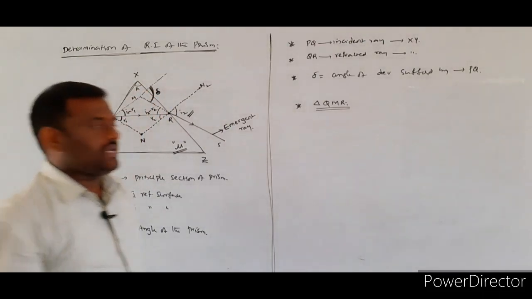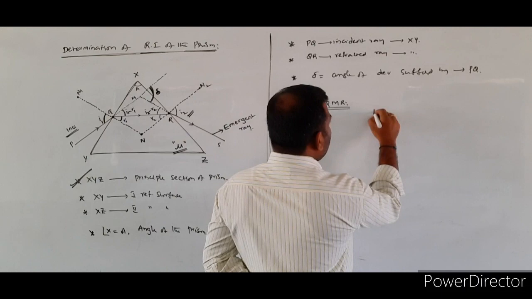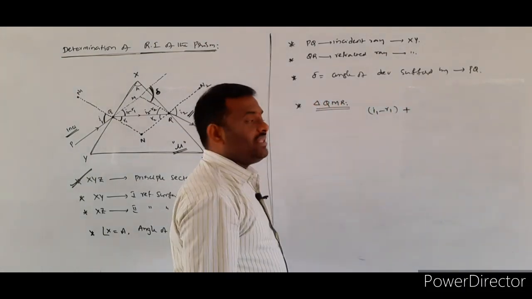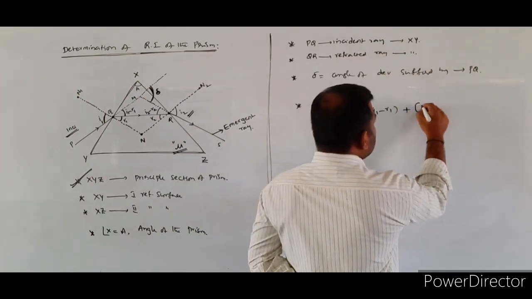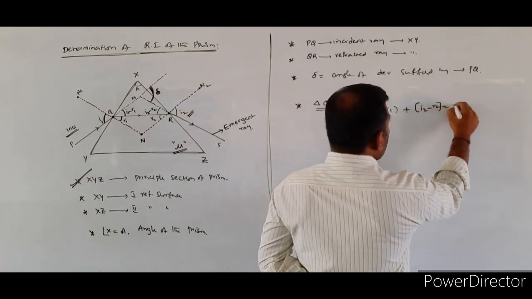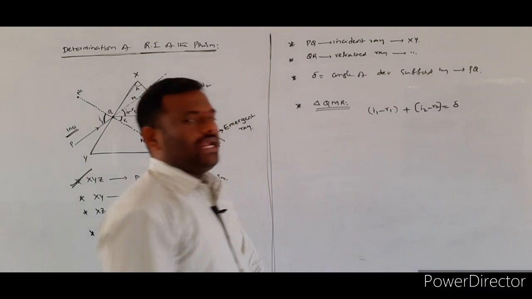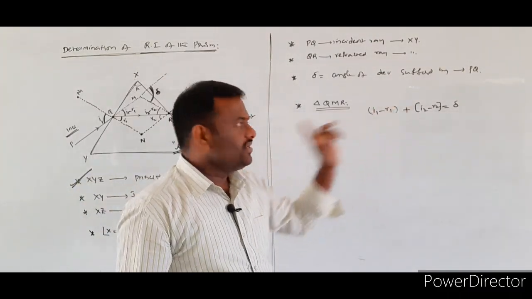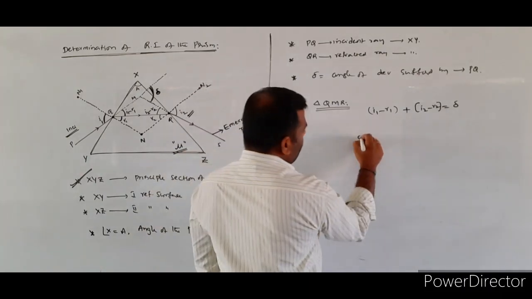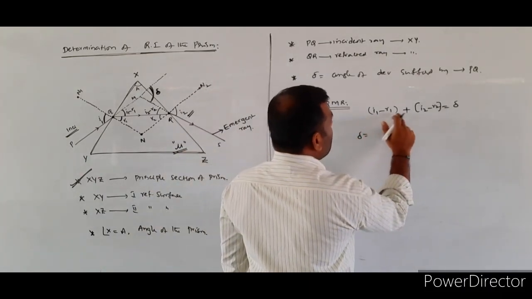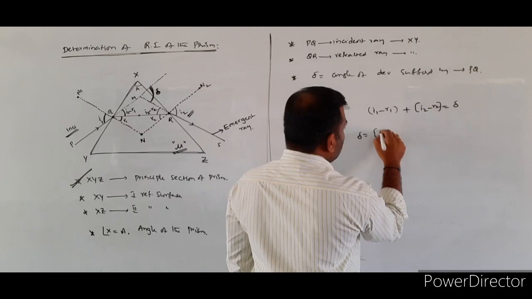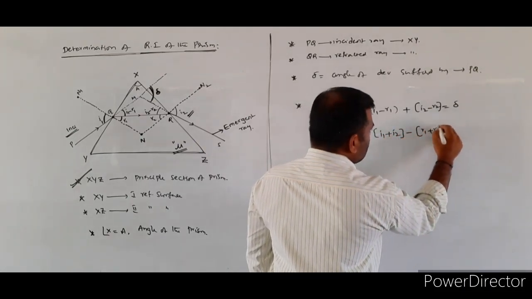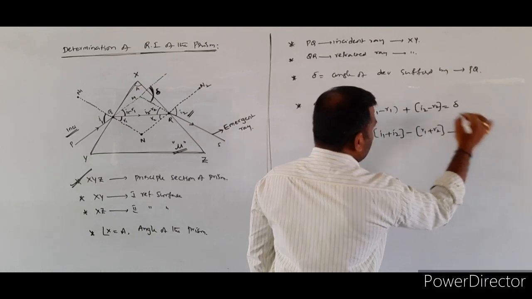According to the laws of triangles, the sum of the interior angles, the first being I1 minus R1 and the second being I2 minus R2, is equal to delta, the exterior angle. So I1 minus R1 plus I2 minus R2 can be written as I1 plus I2 minus R1 plus R2. Let it be equation number 1.